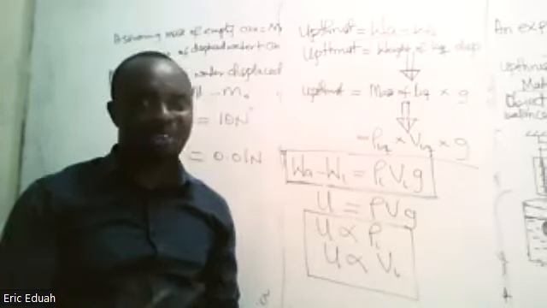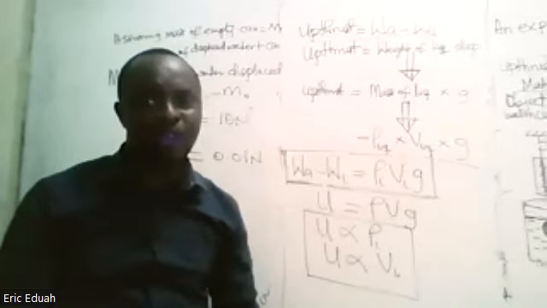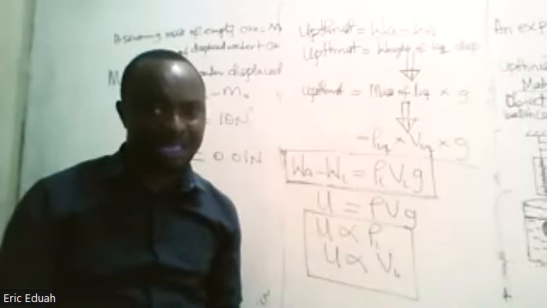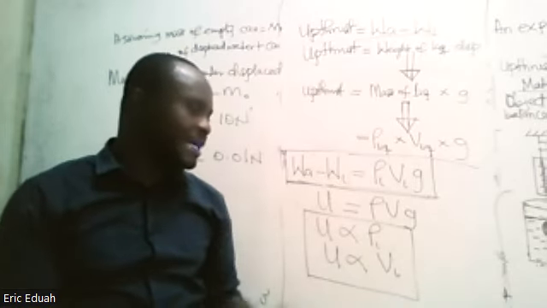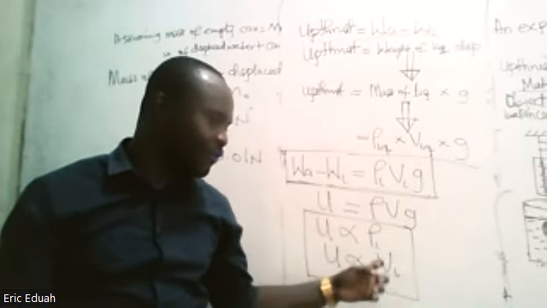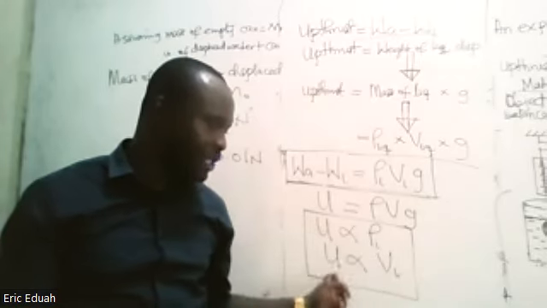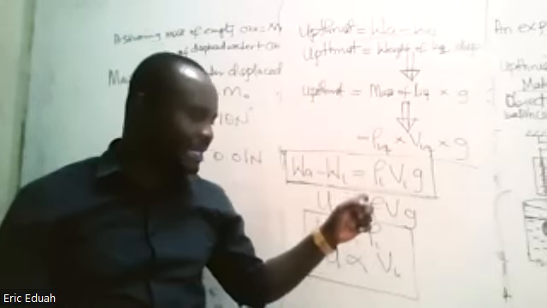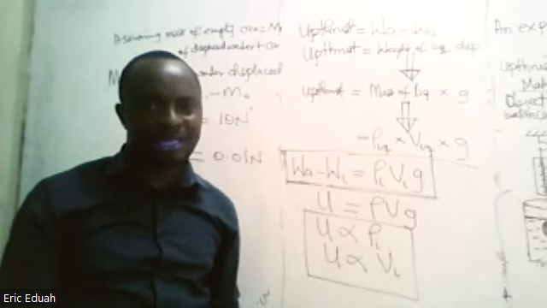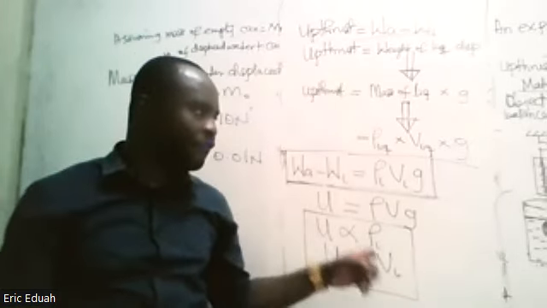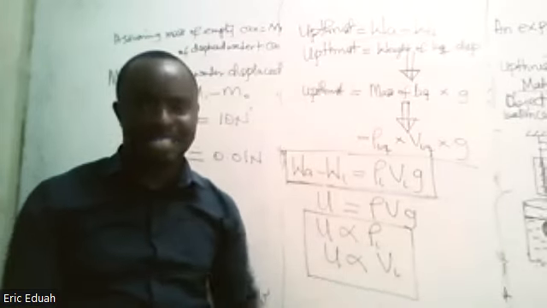It is a constant so long as we find ourselves on the surface of the earth. But the two main variables or quantities on which upthrust depends are the density of the liquid displaced and then the volume of the liquid displaced.